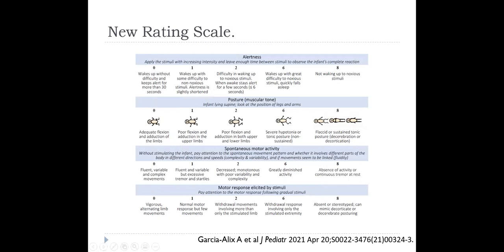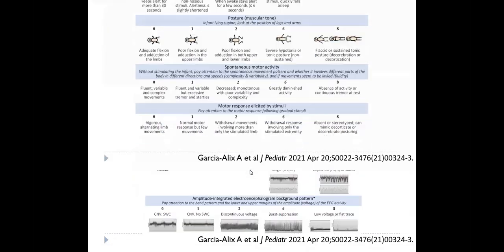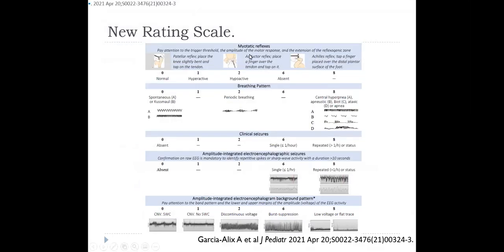The new rating scale was published in April of this year and includes alertness, posture, muscular tone, spontaneous motor activity, motor response elicited by stimuli, and myotatic reflexes, these are the tendon reflexes, breathing pattern, clinical seizures, amplitude integrated electroencephalographic seizures, clinical and electrical seizures, and the background pattern of aEEG.